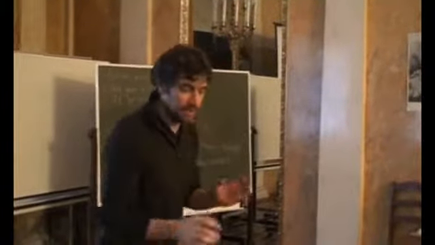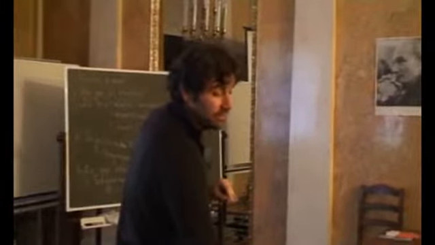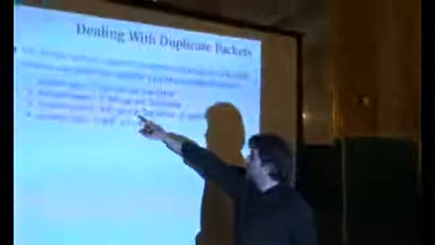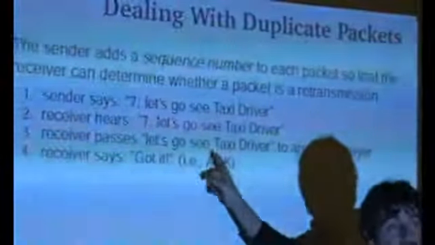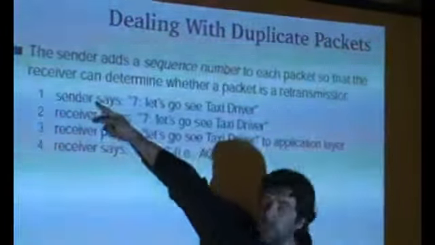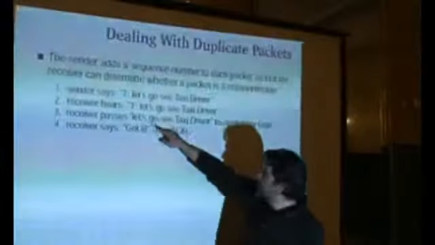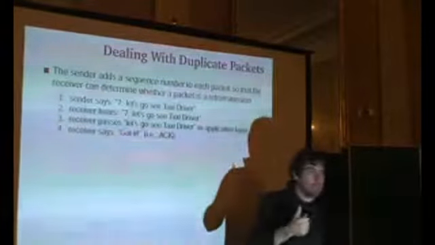So if you say, let's go see Taxi Driver, you say 7, let's go see Taxi Driver. And the receiver hears 7, let's go see Taxi Driver, so it passes it to the application. This is the sender and receiver, the two things in the middle, remember. It passes this message to the application. And then it says, got it.